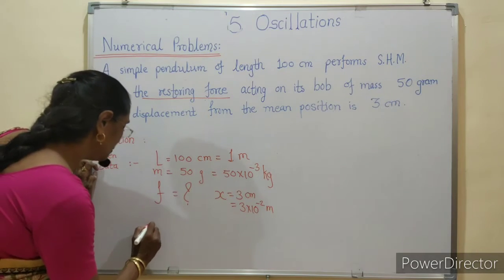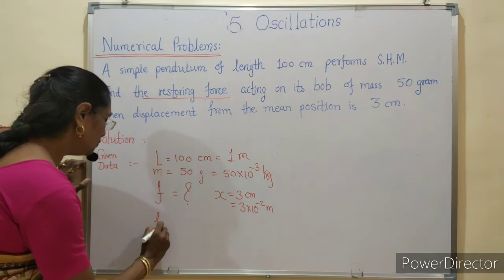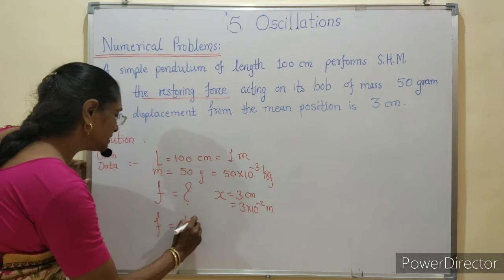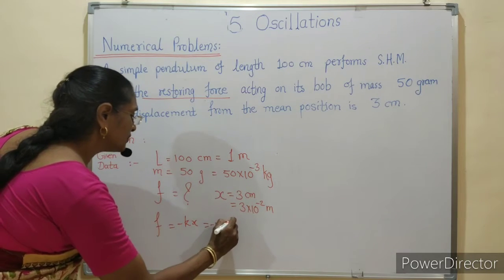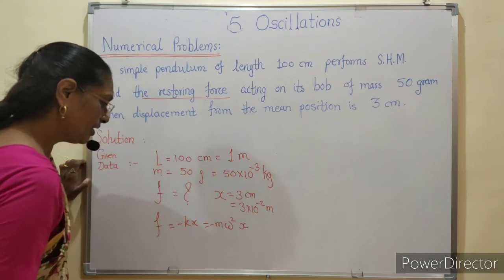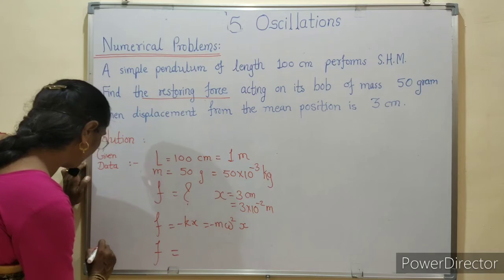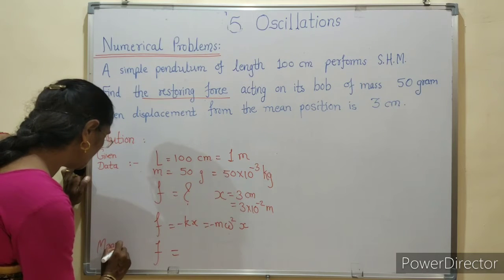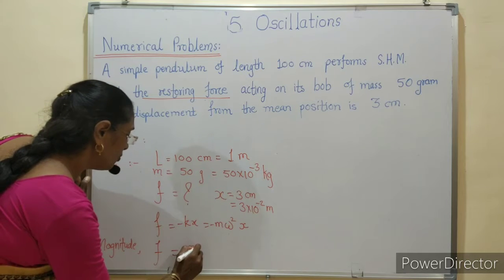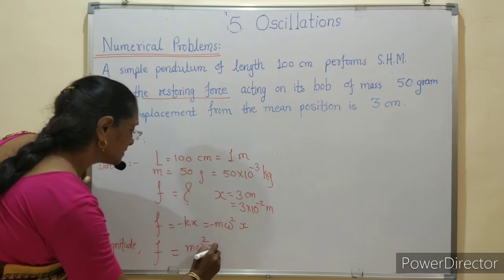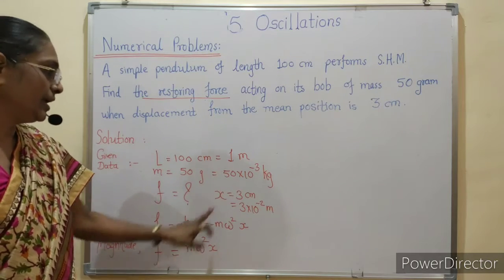For F, restoring force is given by F is equal to minus Kx, or it is minus M omega square X. By magnitude, F can be written as F is equal to M omega square X. So we must know M, which is given.